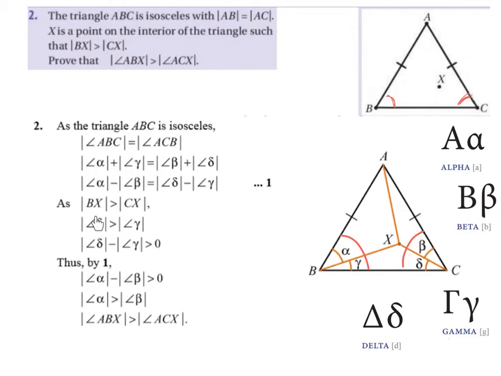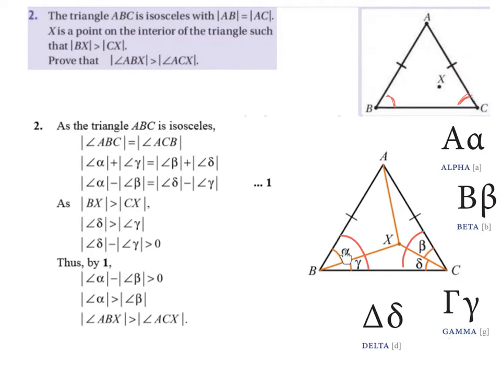Therefore, angle delta must be greater than angle gamma. The length BX is here in our shape. If we focus in on this triangle at the bottom, the angle delta is opposite the side BX.